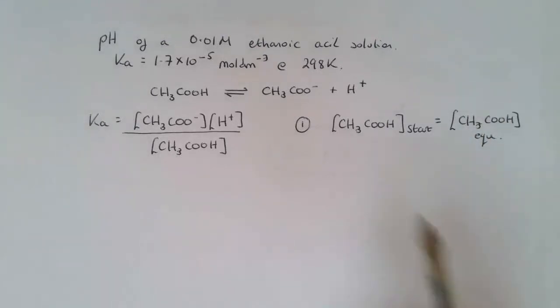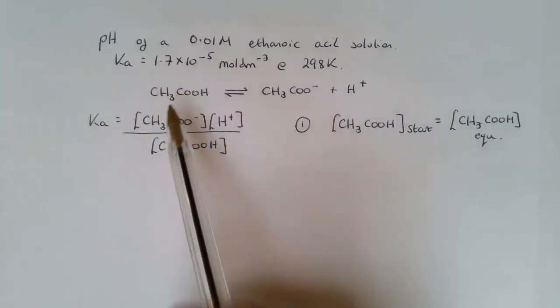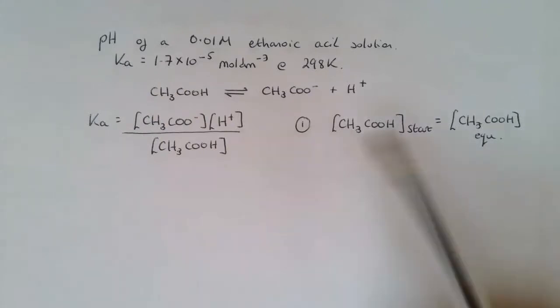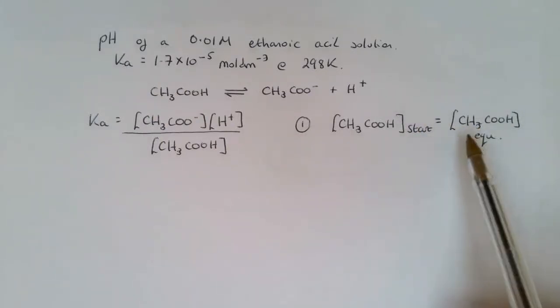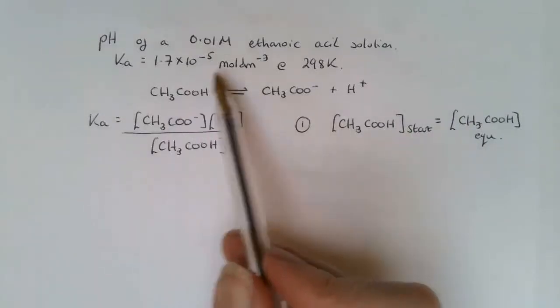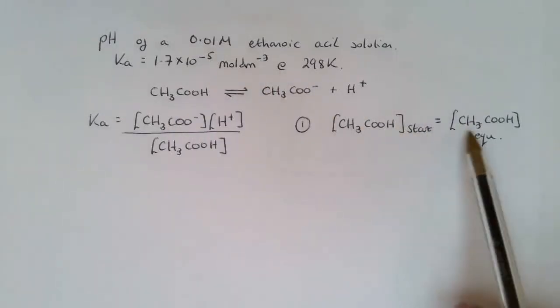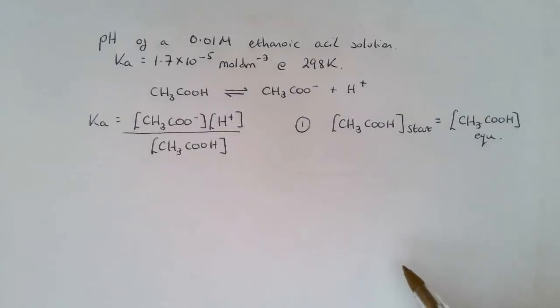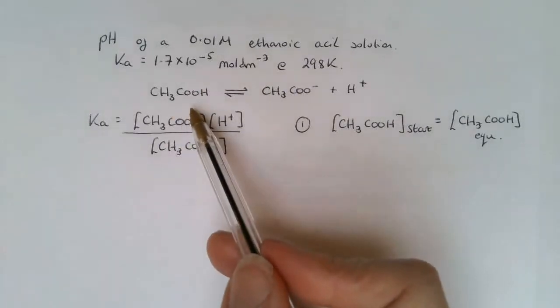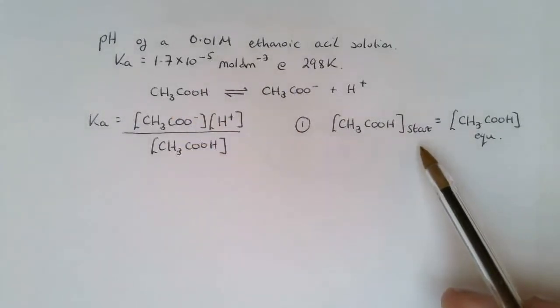Now I can make that assumption, as I said, because this is a weak acid, so little of it ionizes, that statement is roughly true. Obviously, the stronger the acid, the more it will dissociate, the less true this statement becomes. But for weak acids like ethanoic acid, it's a good enough approximation.